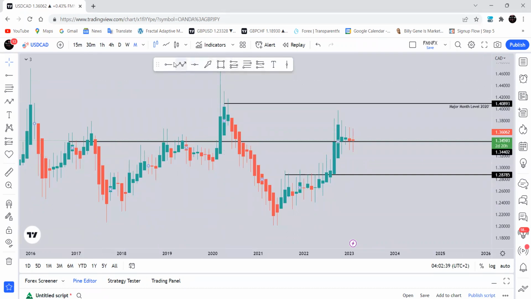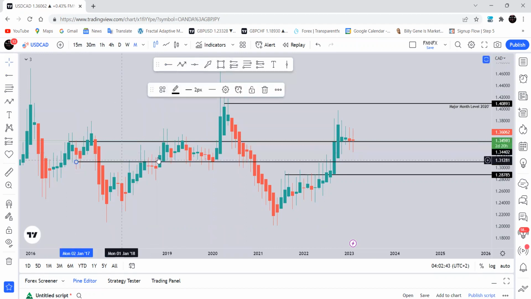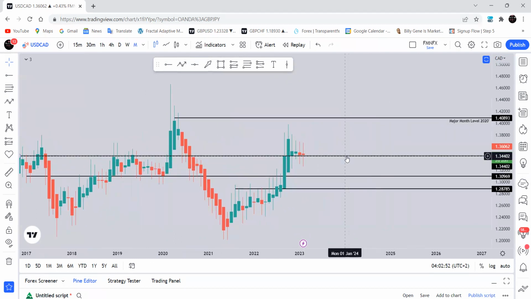Uh-oh, what happened? It's doing the top and the bottom. It's like a trap, if you will. Between here, all this price action, this price action, this price action, and this over here. I know it's a lot of lines. Get over it, it is what it is.